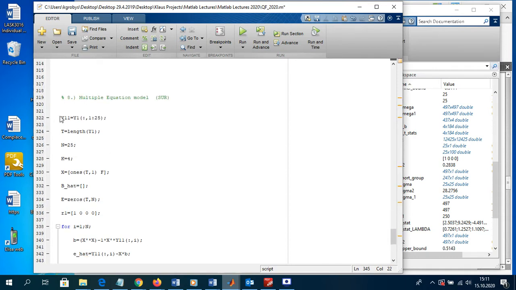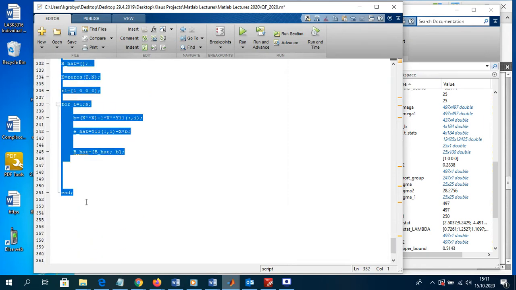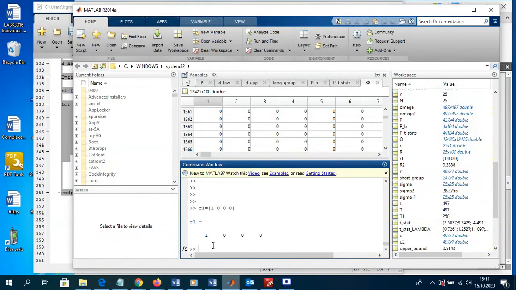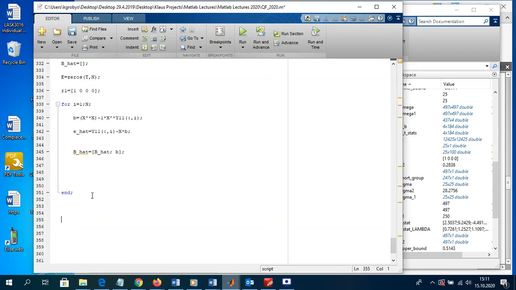So copy this into the workspace, here into the command window. And here it says matrix dimensions must agree. So what is wrong here? Let's see what is wrong here.